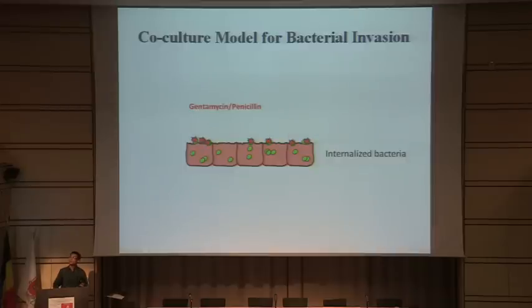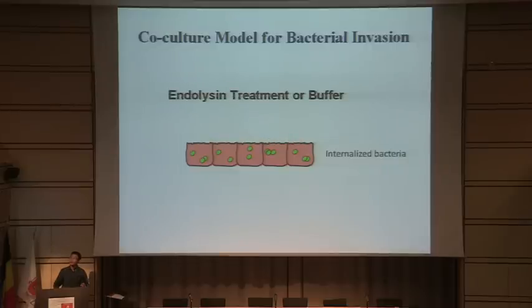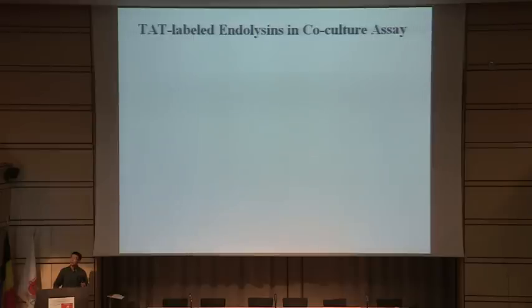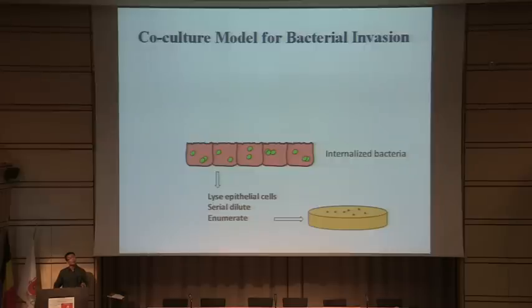Then we treat the co-culture with gentamicin combined with penicillin, which only target the bacterial cells in the extracellular environment. After that, we add endolysin or buffer to evaluate whether the endolysin has intracellular killing activity, by lysing the co-culture and recovering the bacterial cells on an agar plate. So this assay can really help us differentiate the adherent bacteria from the truly internalized bacteria.